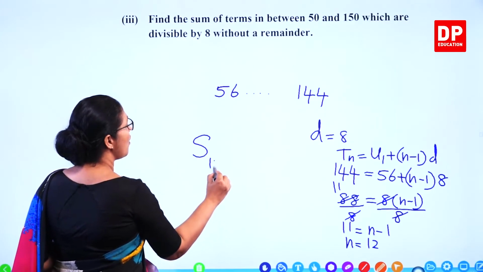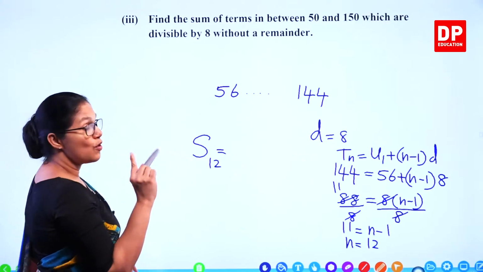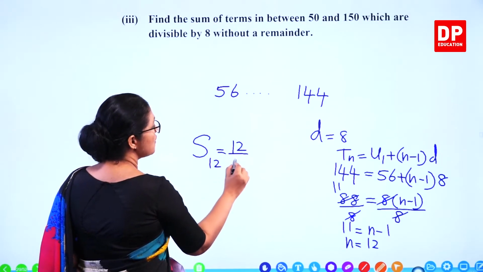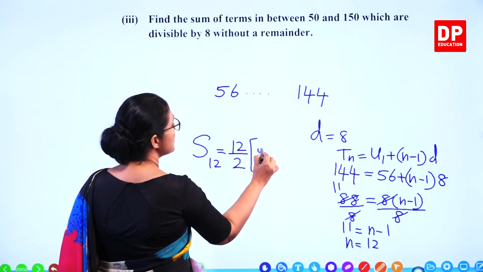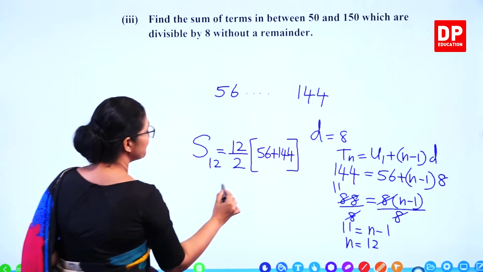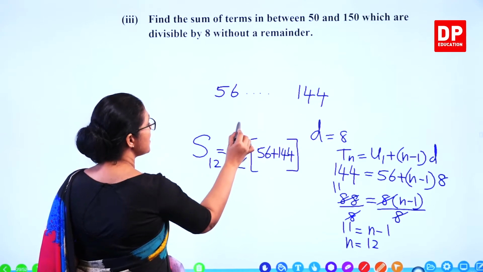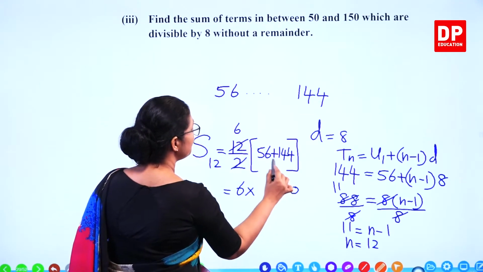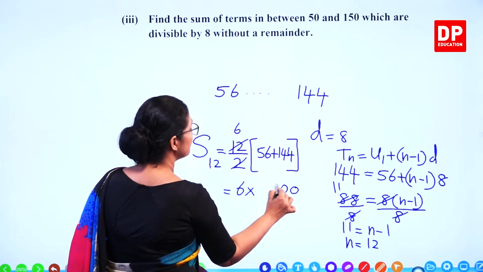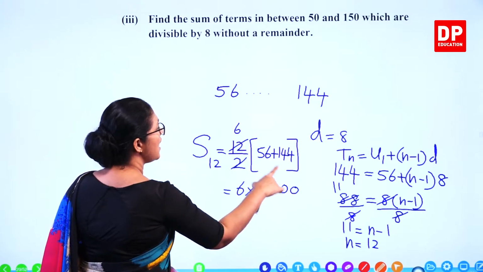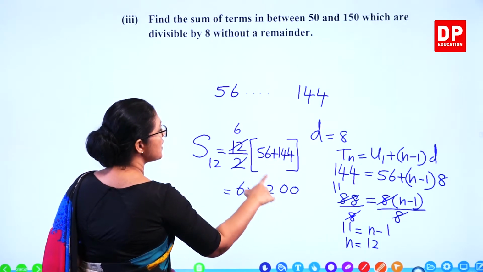Now we can find S12. We know the first term and the last term. So you can do 12 divided by 2. First term is 56 and the last term is 144. 6 times the addition of these two: 200.